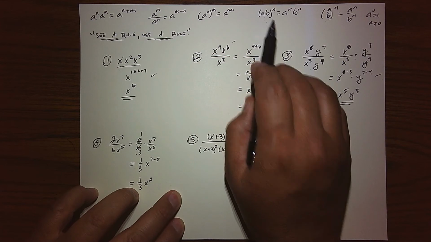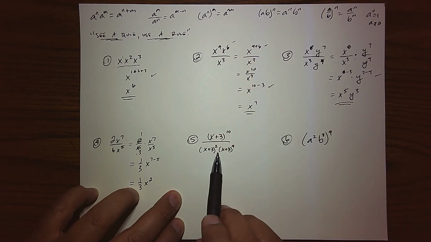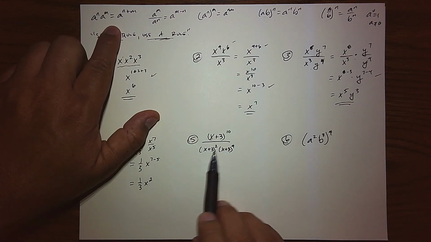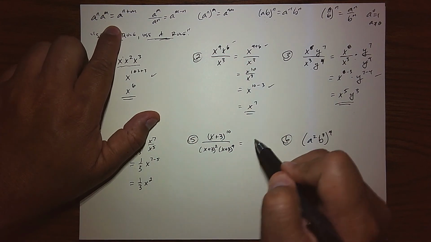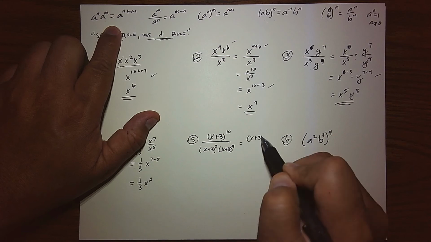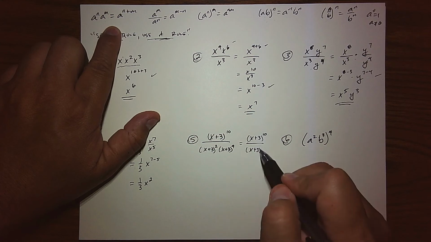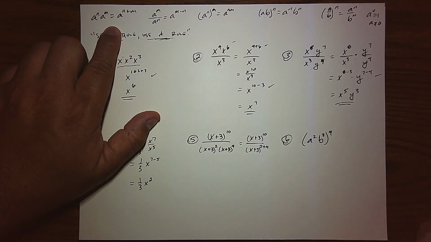So be careful. But what does apply, if you look at the bottom, I see an opportunity to use my product rule because I have the same base and I'm multiplying. So my first step would probably look like this. We're going to leave the numerator alone, and on the denominator we have x plus 3, and I see the product rule, so I'm going to add my exponents.